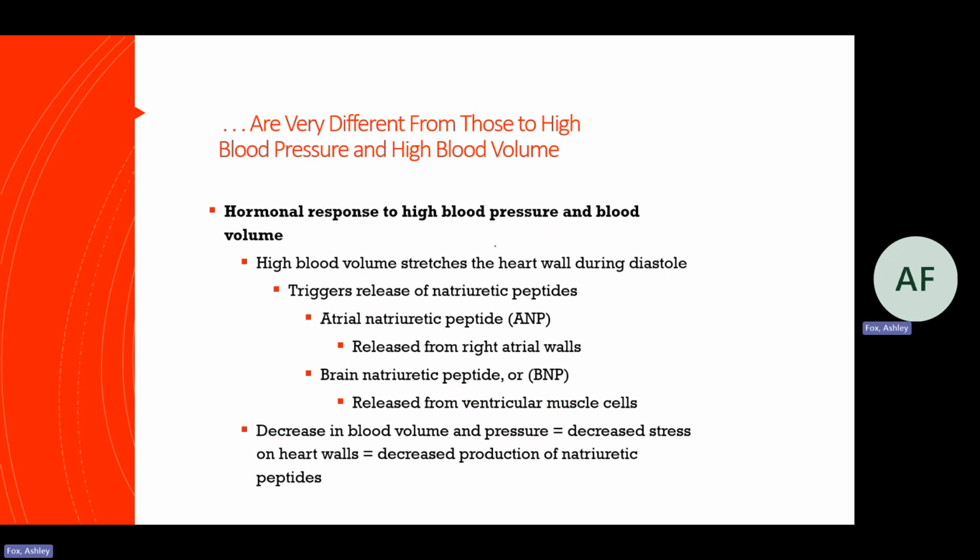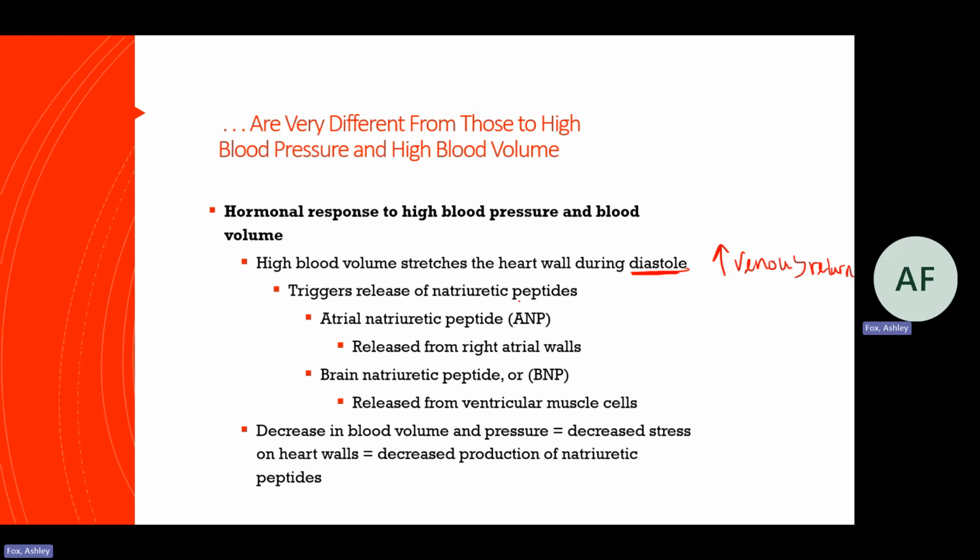So if you have high BP, high blood pressure, and high blood volume, so you're going to have an increase in stretch, especially even on the heart during diastole, because there's increase of venous return. Increased venous return is going to stretch on the heart.